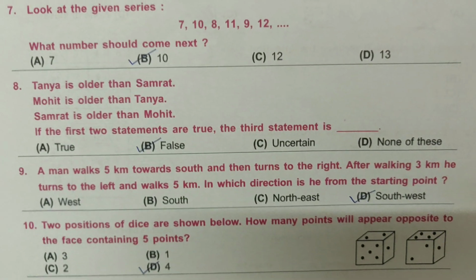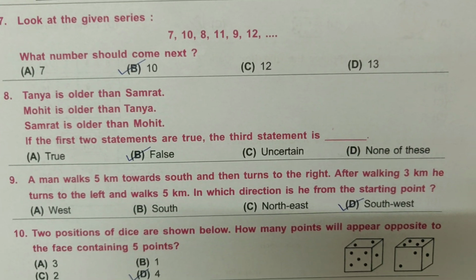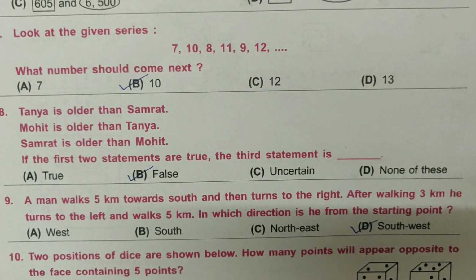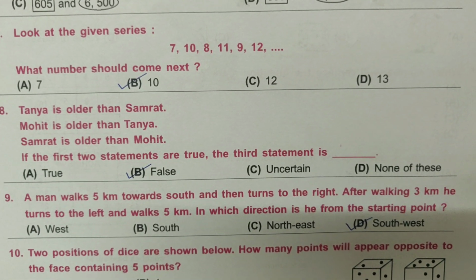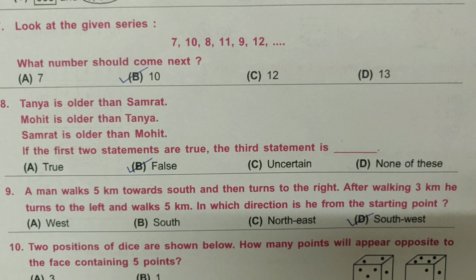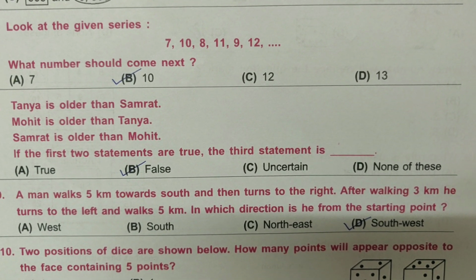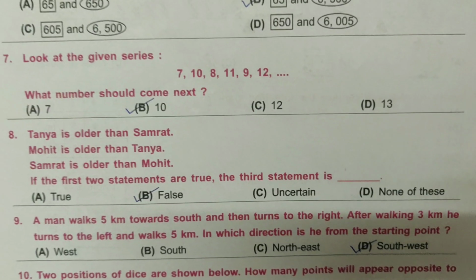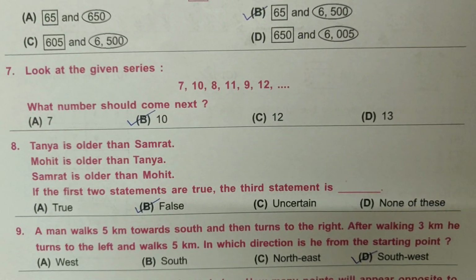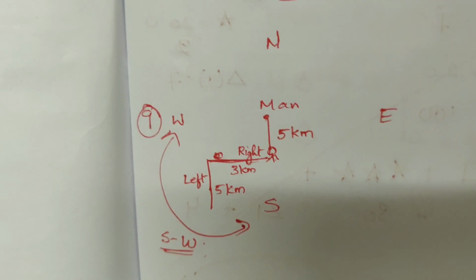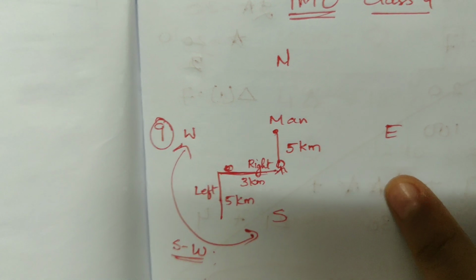Next one. A man walks 5 kilometers towards the south and then turns to the right. After walking 3 kilometers, he turns to the left and walks 5 kilometers. In which direction is he from the starting point? Southwest. Simple. So here it is. I just drew a graph.